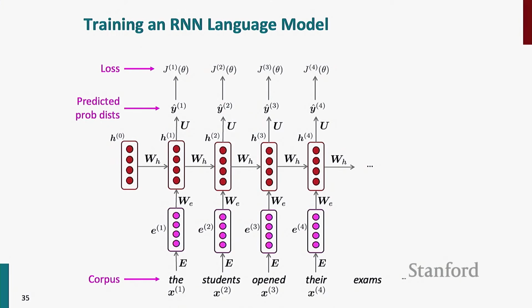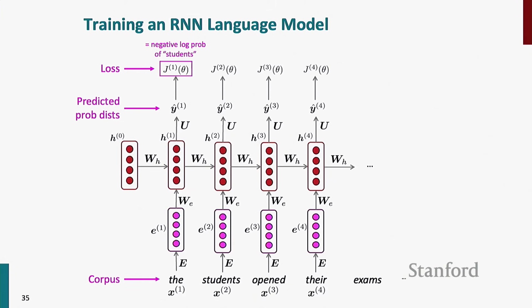So showing that as pictures, if our corpus is the students open their exams, we're first of all going to be trying to predict what comes after the, and we will predict some word with different probabilities, and then we'll say, oh, the actual next word is students. Okay, you gave that a probability of 0.05, say, because all we know was that the first word was the. There's a loss for that, the negative log prob given to students.